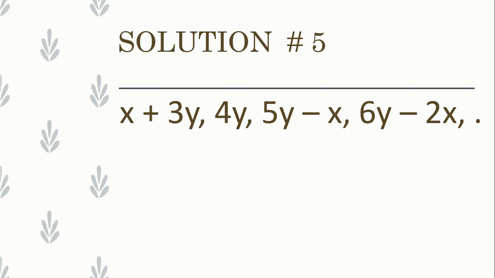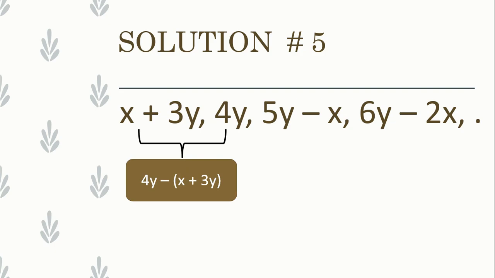The first two terms of this sequence are x plus 3y and 4y. The previous term of 4y is x plus 3y. By subtracting them, that is 4y minus (x plus 3y).